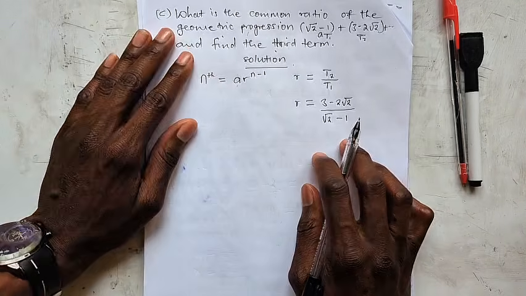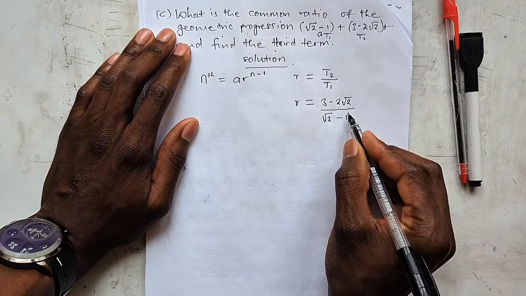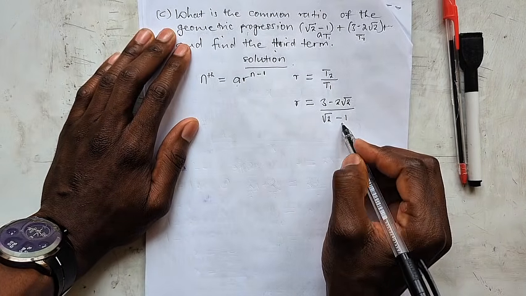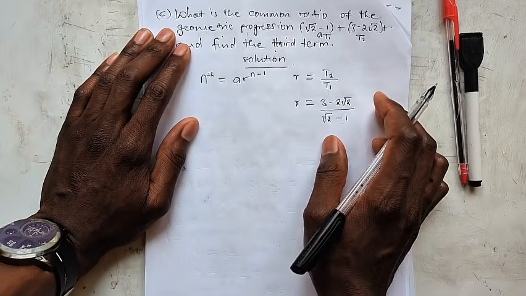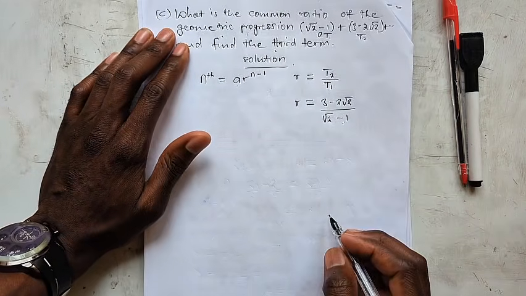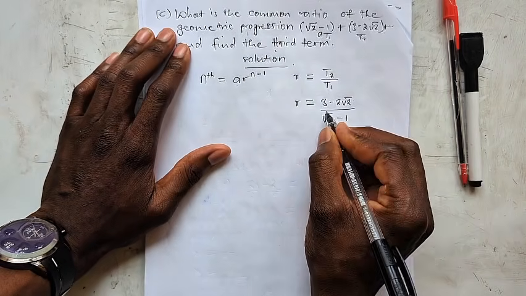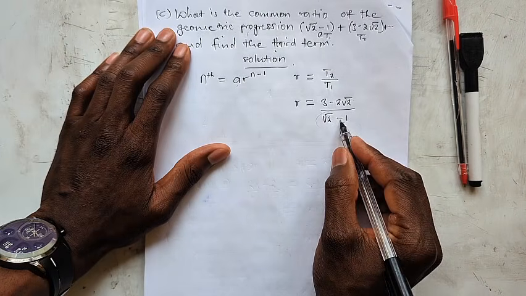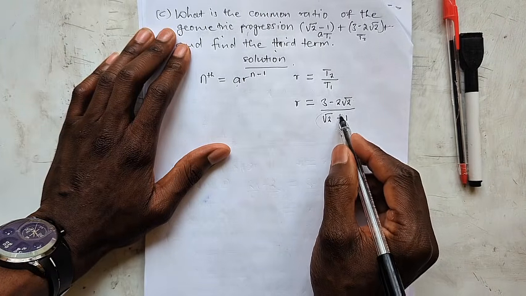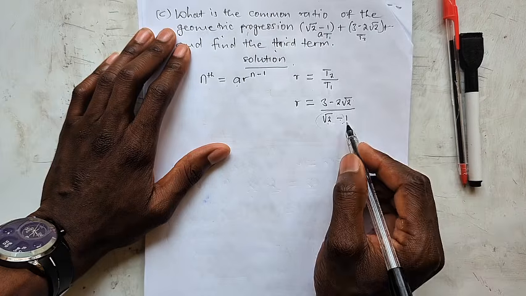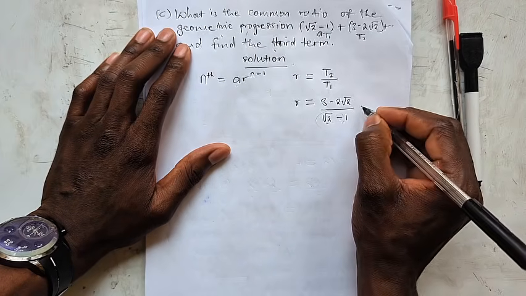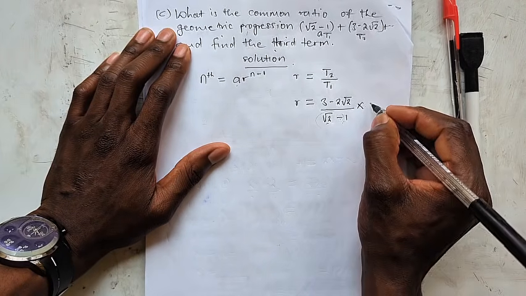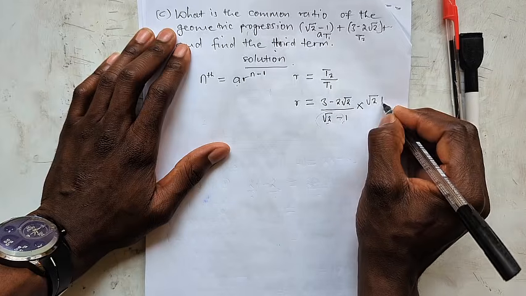That is not allowed. So we are going to multiply both the numerator and denominator by the conjugate of the denominator to get rid of this surd. The conjugate, you notice, has a different sign between the numbers, so it has to be square root of 2 plus 1.